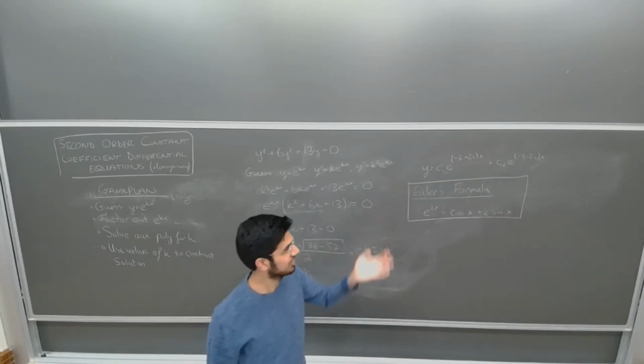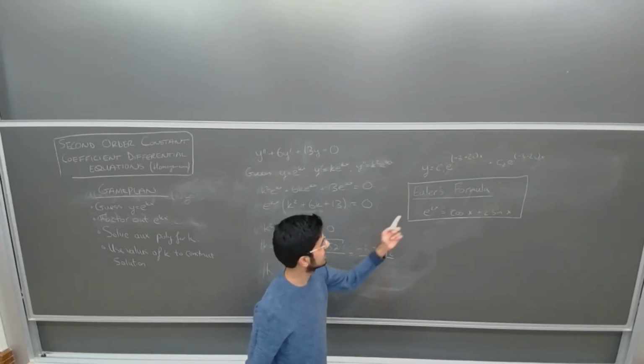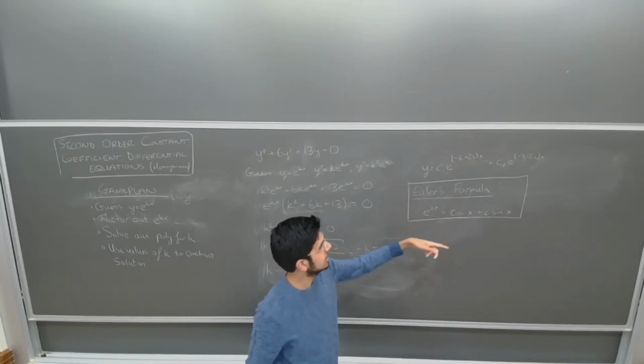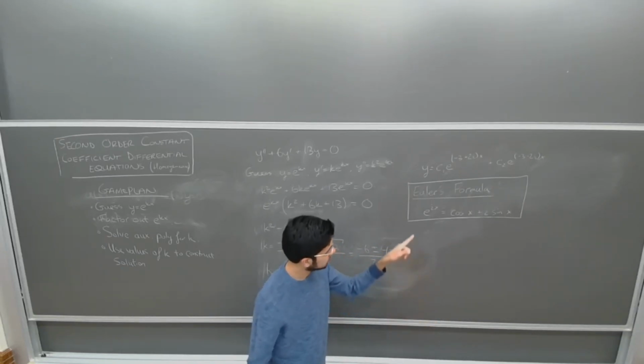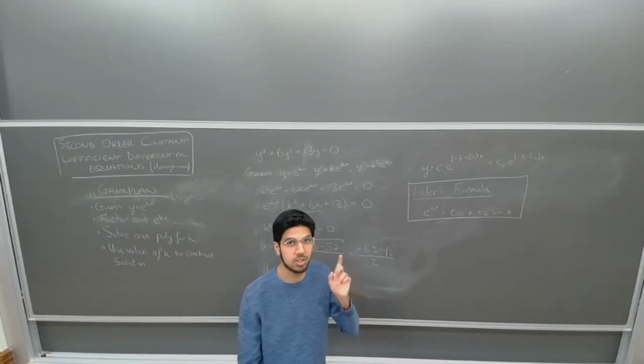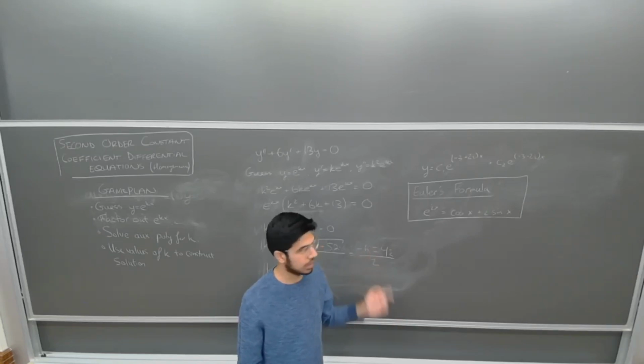Ta-da! Well, that's where Euler's formula comes into play. So Euler's formula tells us that e to the ix can be rewritten as cosine of x plus i sine of x. And while this still has an imaginary term in it, we can easily handle that later. So let's apply Euler's formula to our solutions.